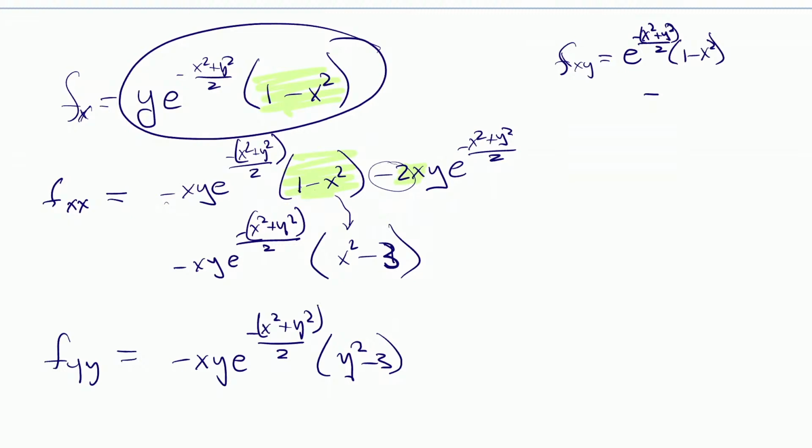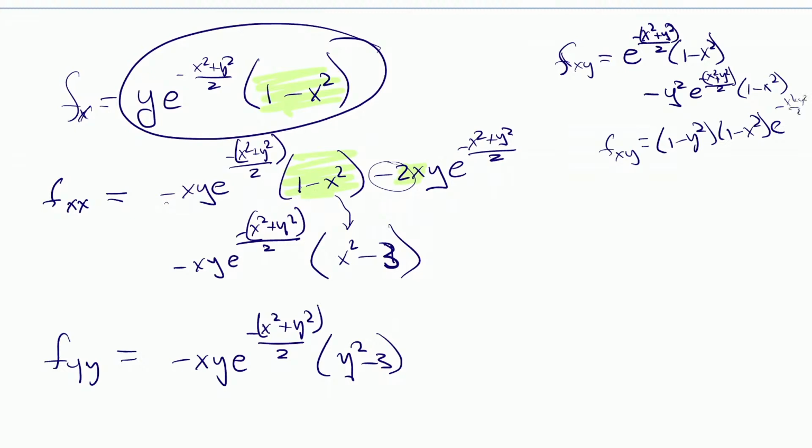Give me a sec here. That's going to be y squared e to the negative (x squared plus y squared) over 2 times (1 minus x squared). Oh, interesting. Okay, so f sub xy is (1 minus y squared)(1 minus x squared) times e to the negative (x squared plus y squared) over 2.